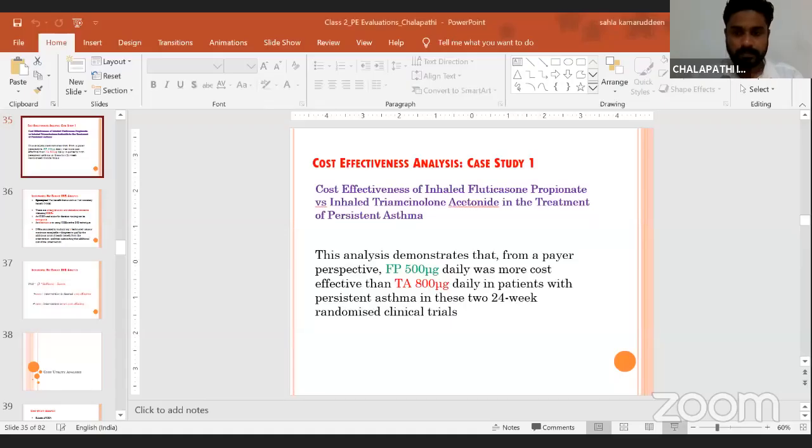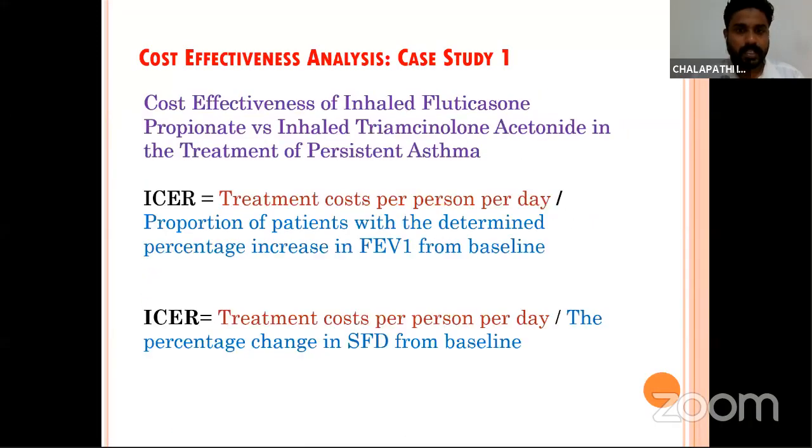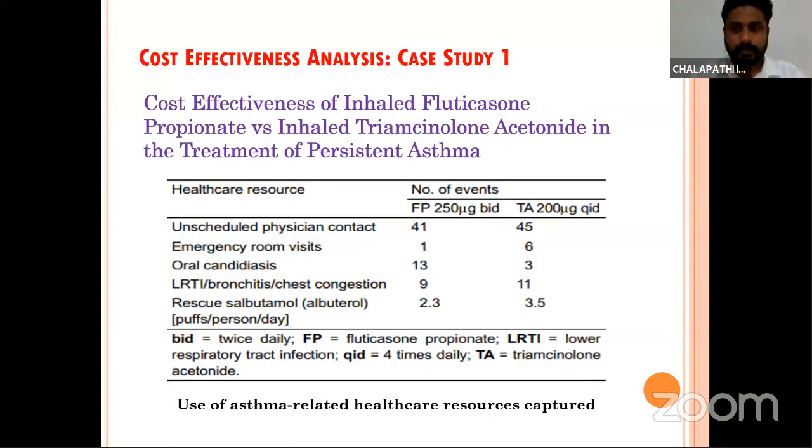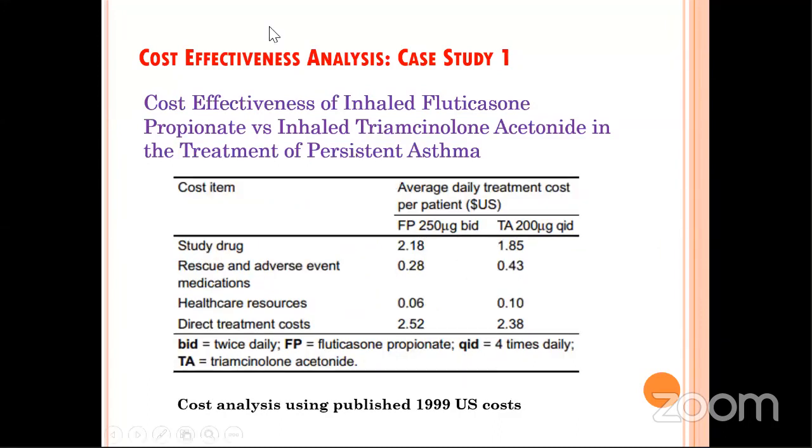I'll put that slide back up. Can you see it now? Yes, it's visible.